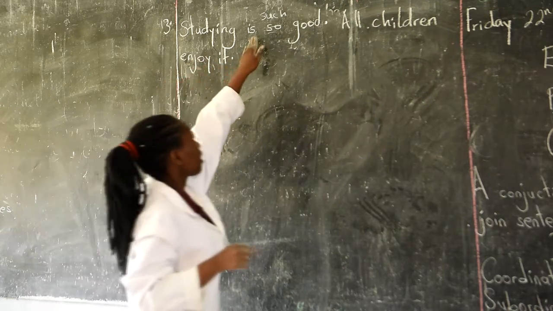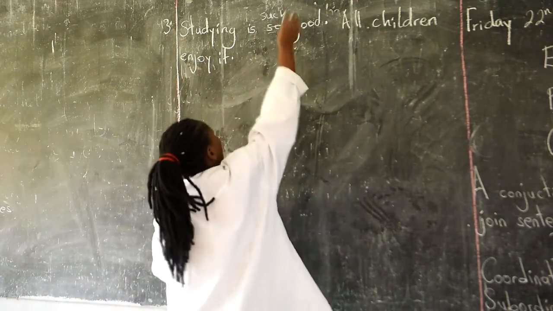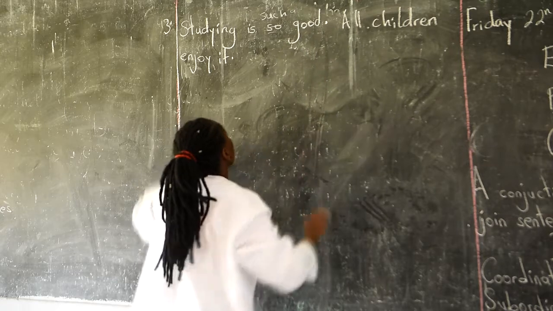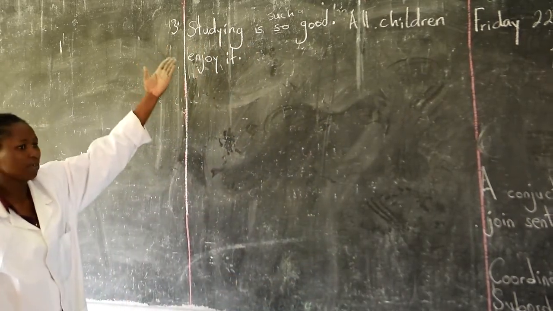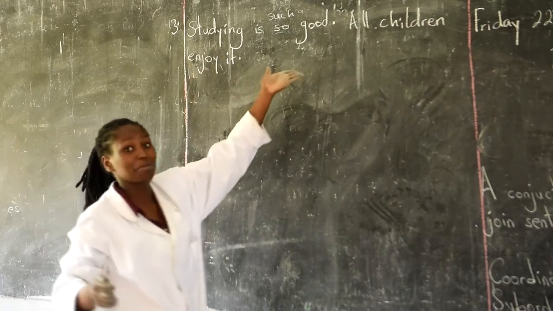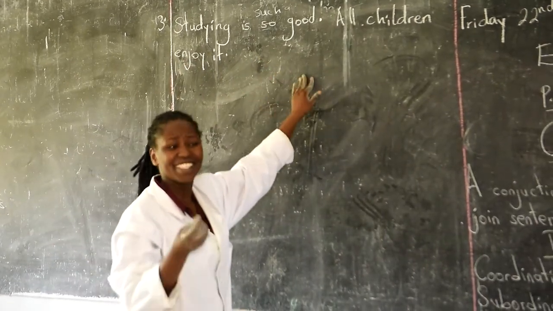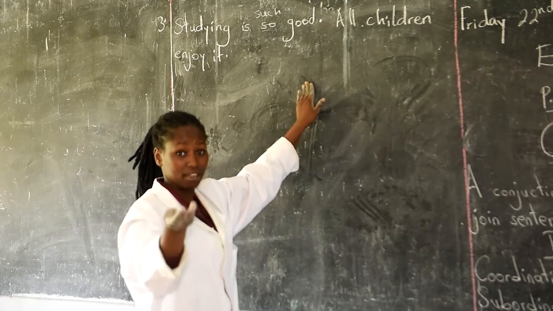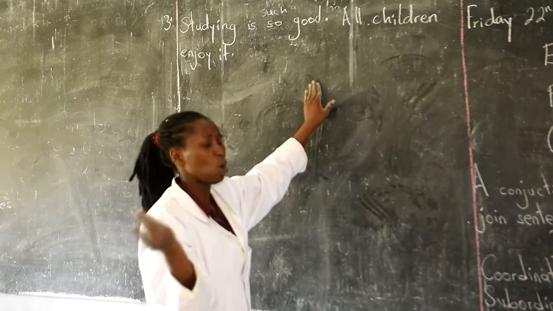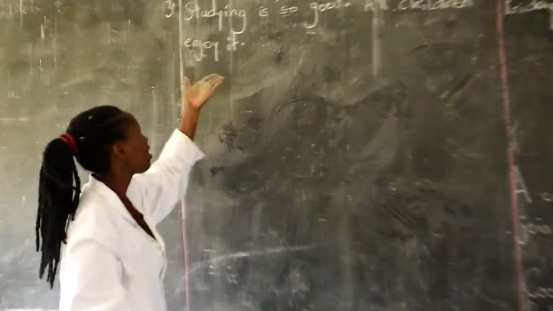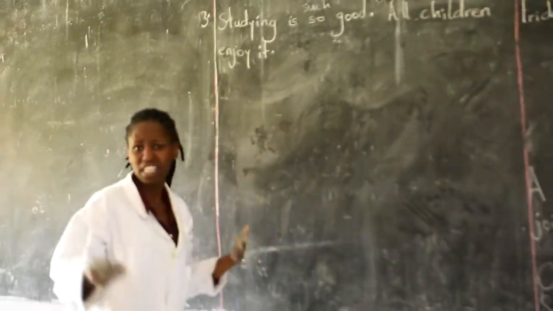Studying is such a good. Which noun should we use with studying? Which noun? Studying is a good boy. Studying is a good one. Is a good man? No. So here we can just say, remember studying, it is an activity.